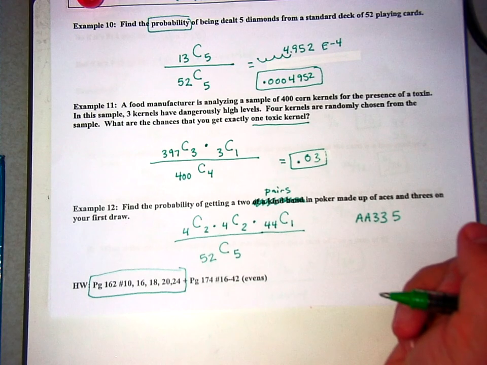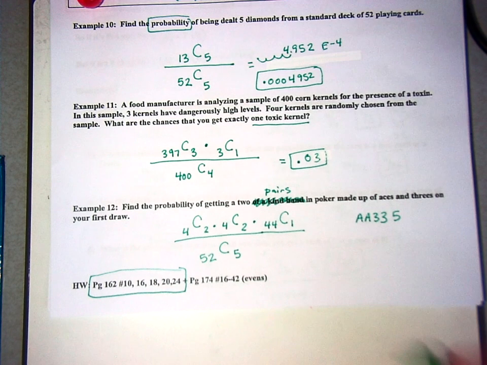So 52 cards in a deck. 8 of them are aces and threes, right? This is actually some pretty complex combinatorics. It's also my favorite kind of math, so I go a little deeper than I need to probably here.